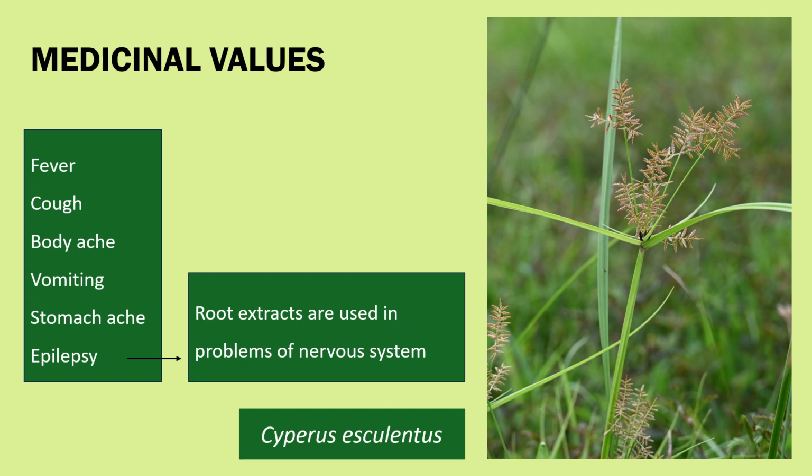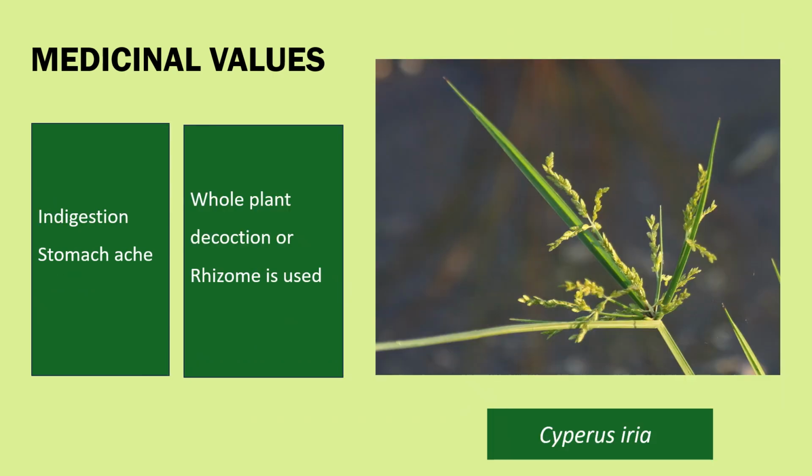Like for example, the root extracts are used in the problems of nervous system like epilepsy. So this plant is not very common, but you will find it in wetlands. Cyperaceae. So the whole plant is used, or the rhizomes are used for problems like indigestion and stomach ache.